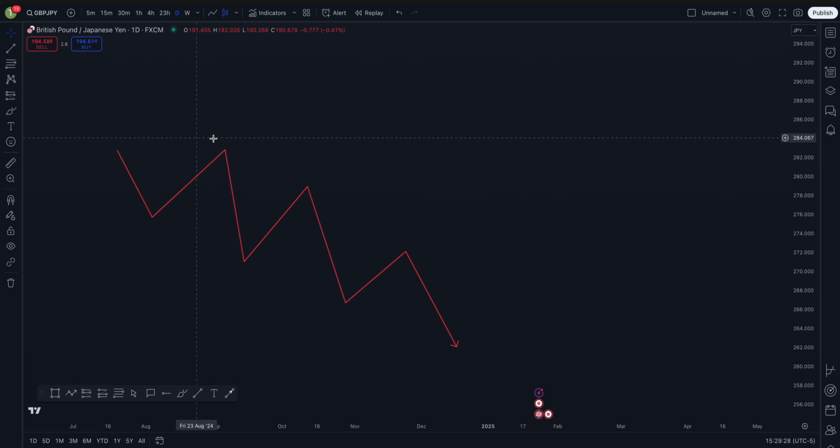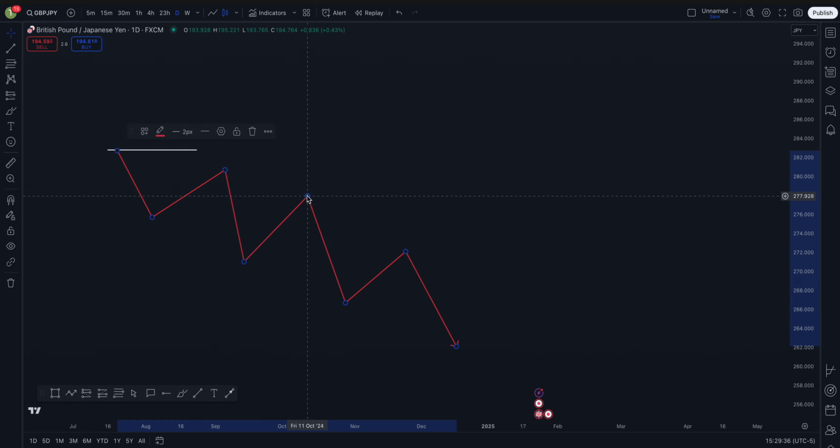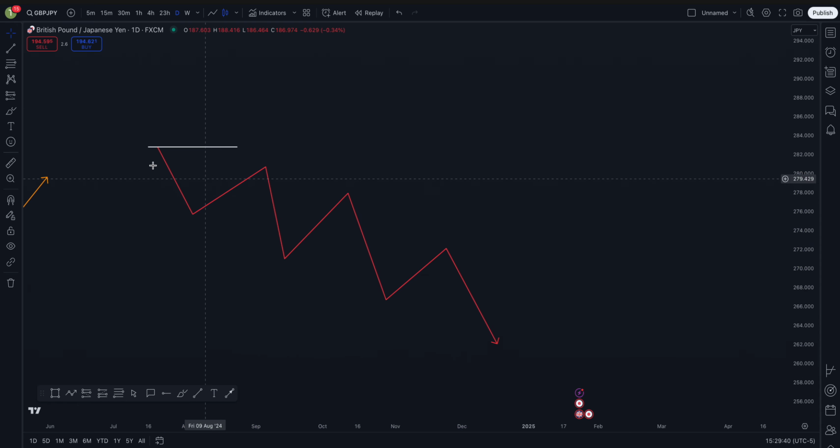This is what we refer to as a high. Let me fix this to make it easier for you. So this is now, instead of the low, what we call a high. Right? So if this is a high and it goes down, what would we call this?